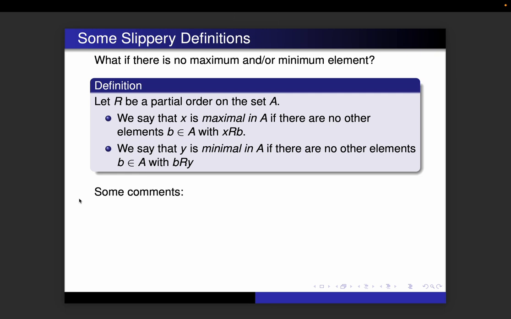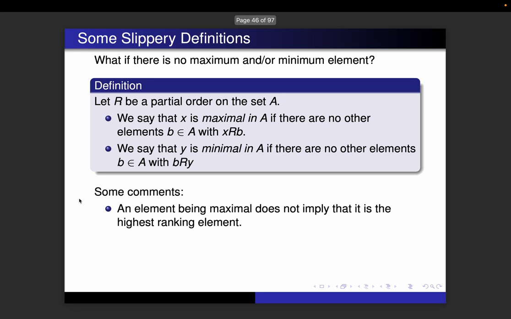Alright, so it seems like these are very similar to what we used to call maximum and minimum, but there are some subtle differences. First of all, an element being maximal does not imply that it is the highest ranking element. It may not be the highest ranking element, but what is true is that no other element has a higher rank. Those are different statements.